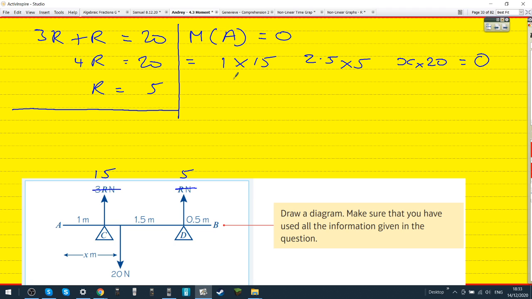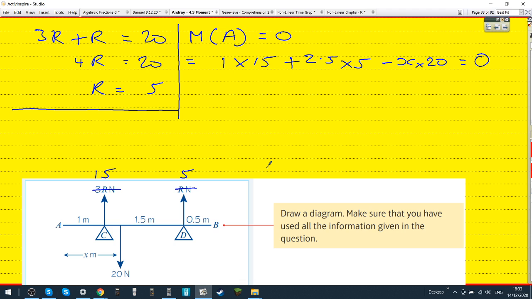And will the second one be positive as well or negative? Positive. Yeah. And for the next one, it's clockwise, so negative. Yep.